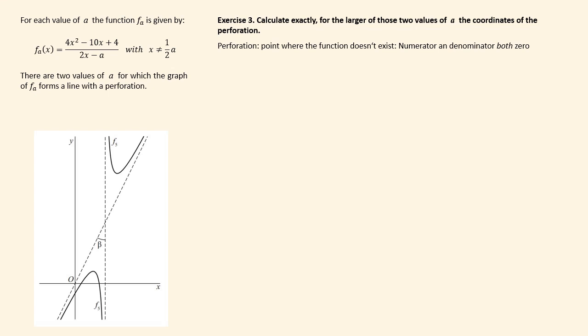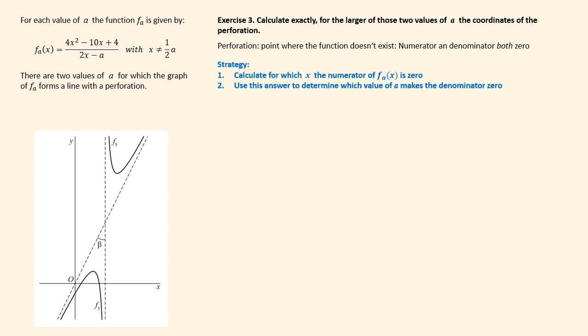So now we must devise a strategy. How are we going to approach this exercise? I would say that we start by calculating for which x the numerator of fa of x is 0, and secondly use this answer to determine which value of a makes the denominator 0.